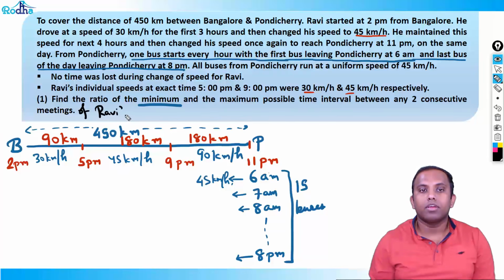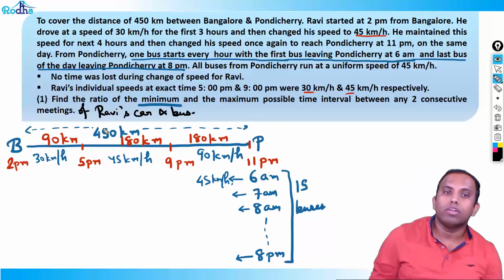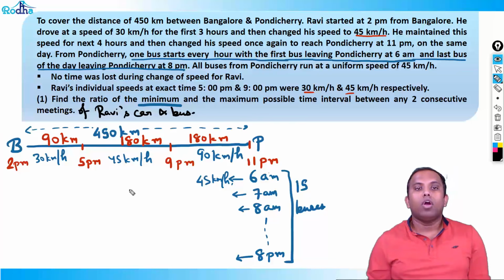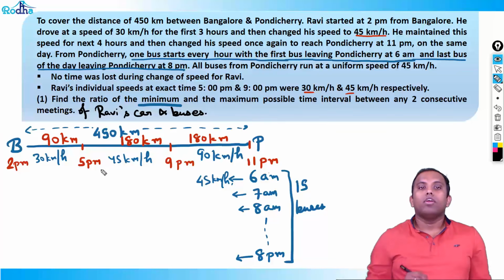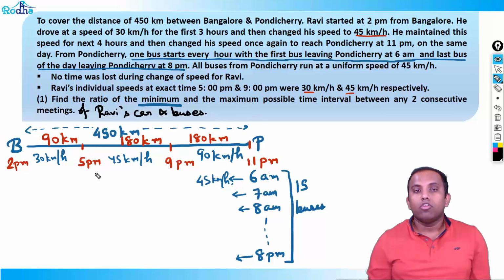To make it more clear, I should add here: any two consecutive meetings of Ravi's car and buses.